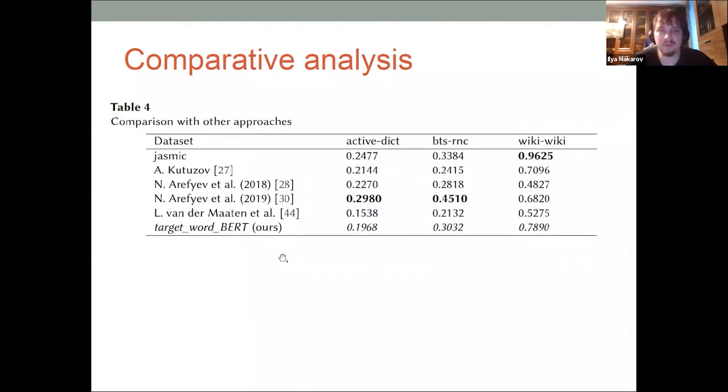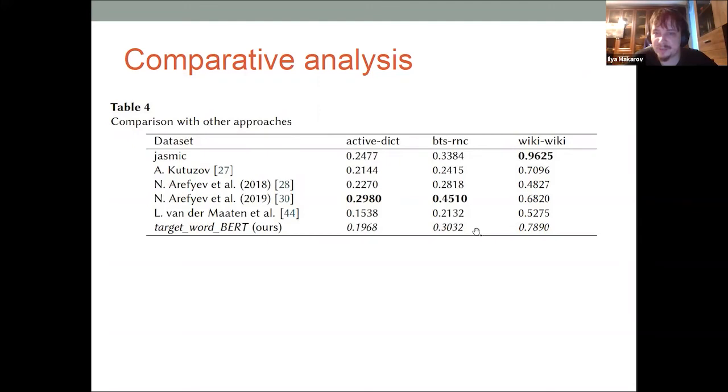And finally, if we compare our analysis to the works presented to that moment, we see that for the active dictionary, we used many models from the organizers of these competitions, and also Nikolai from his works, which are mostly famous for this kind of task. That was for the third dataset.